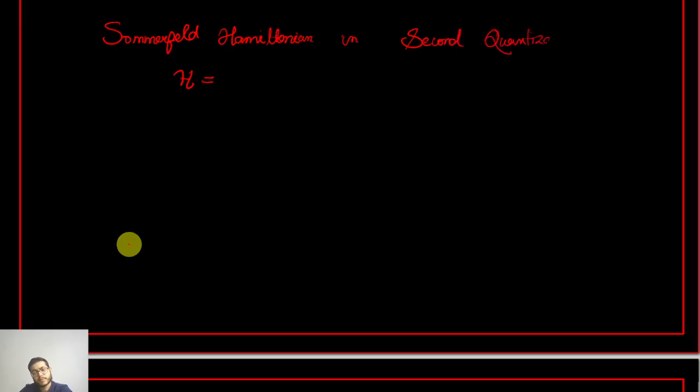In this case, the Hamiltonian of the Sommerfeld model in second quantization is given as the sum over k and sigma of E_k times c_k sigma dagger c_k sigma.